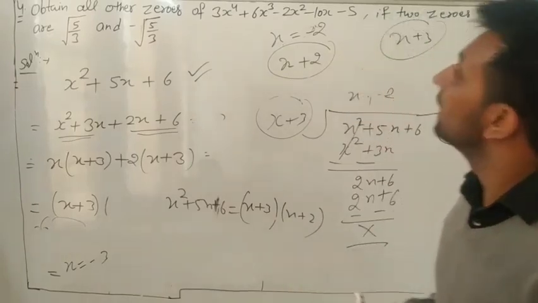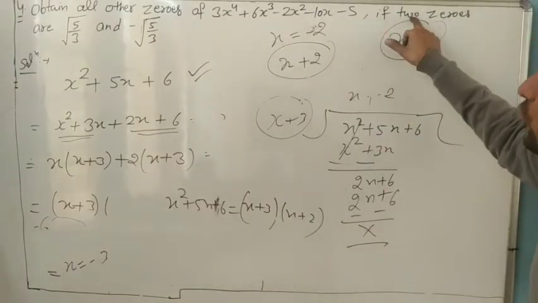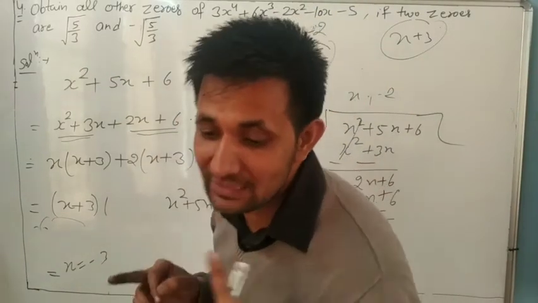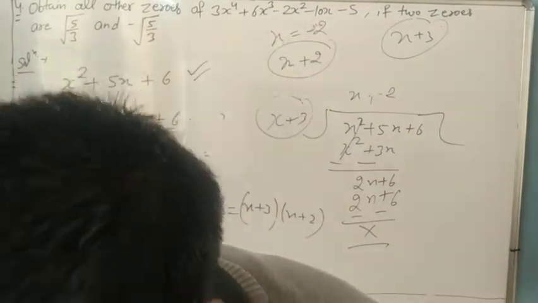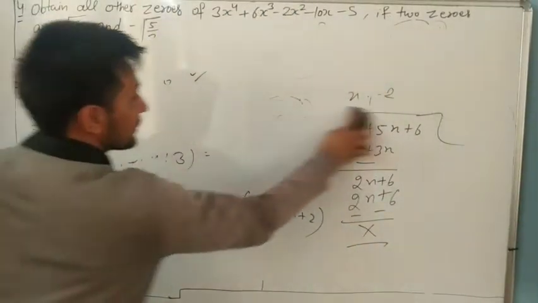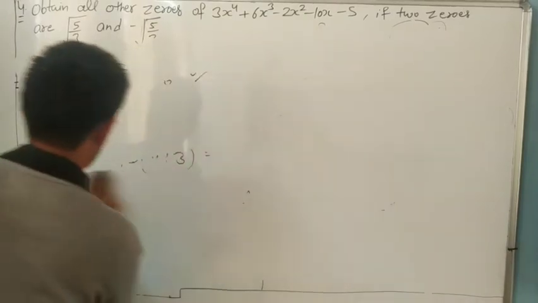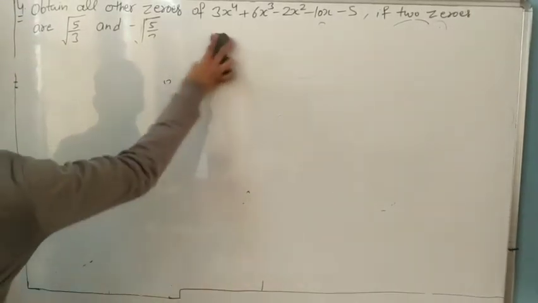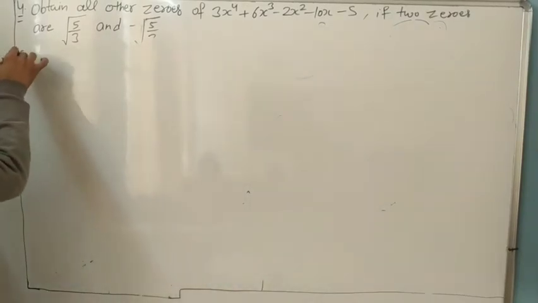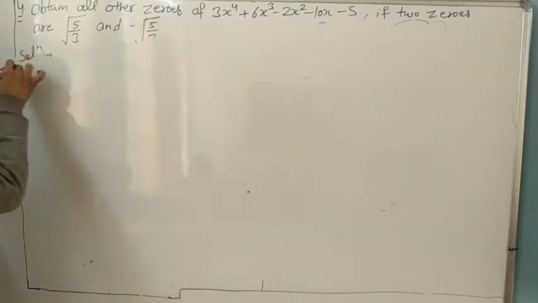Same as it is. In question number 4, two zeros are given, two zeros are already given or not? Example number 9. Open your books. Same as it is we will do. I hope now you have already learned what we will do. So we will write the solution.